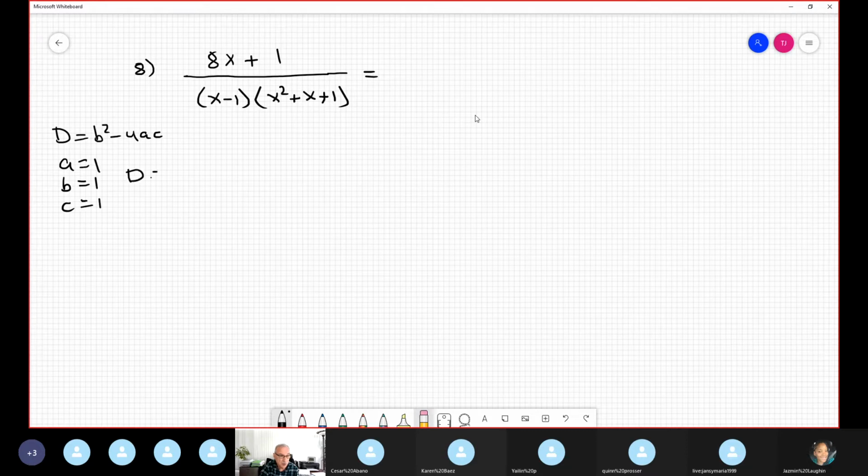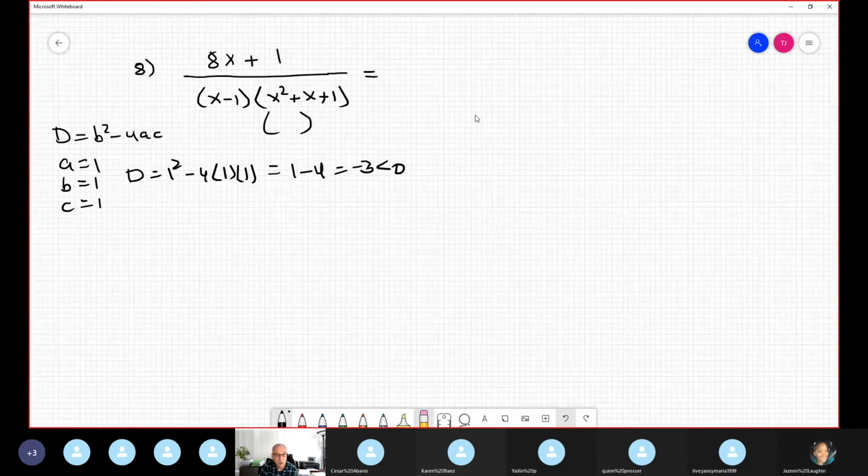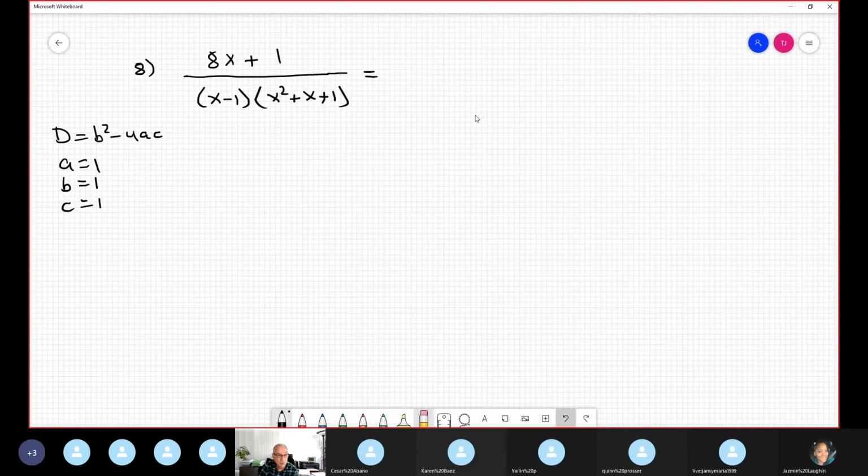Substituting, the discriminant is equal to 1 squared minus 4 times 1 times 1. It's 1 minus 4, which is -3, and -3 is negative. Therefore, this is completely irreducible, at least in the real field, we cannot break it down and do the factorization. So you consider this an irreducible quadratic expression.